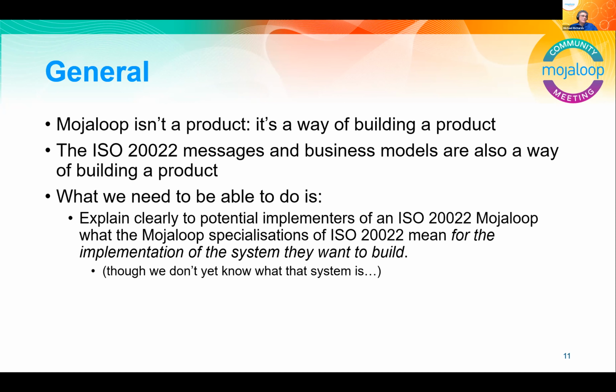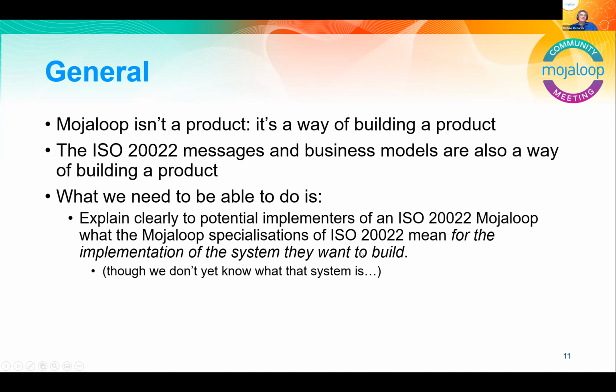The ISO messages and business models are also a way of building a product. So we need some way of explaining to the people who are working with an ISO 20022 Moduloop what the specializations of ISO 20022 mean for the implementation that they want to build, for how they want their system to work.